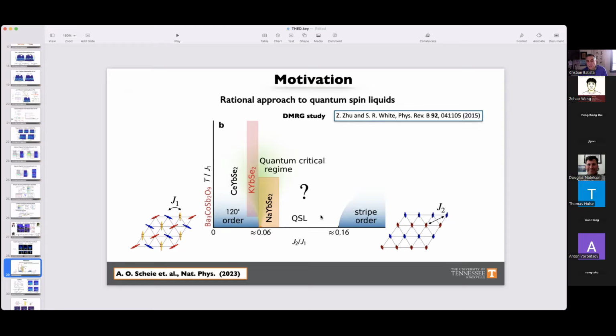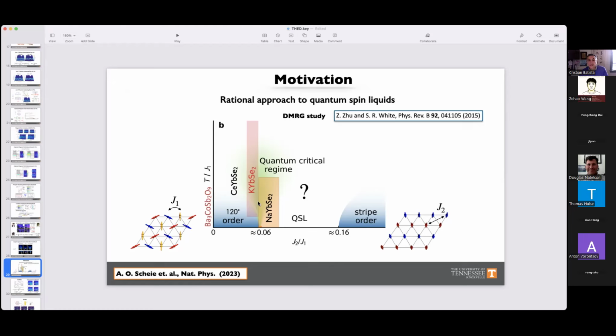Nobody knows exactly what kind of quantum spin liquid. There is an ongoing debate, but certainly all the numerical results indicate that there is a quantum spin liquid, and that means that all these ordered magnets, at least at zero field, will exhibit very strong quantum fluctuations because this transition seems to be continuous, second order.